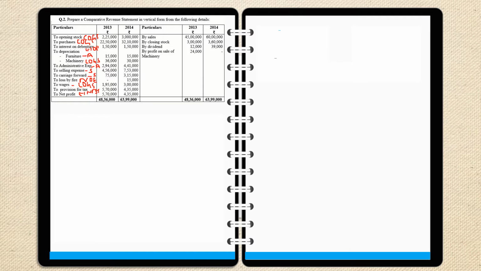So net profit will be our final answer. Sales is the starting point of the format. Then closing stock हम माइनस करेंगे COGS में से. Dividend is non-operating income, so I write it down as NOI, non-operating income. Profit on sale of machinery is also part of non-operating income.